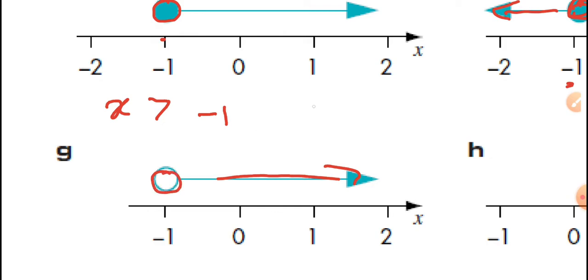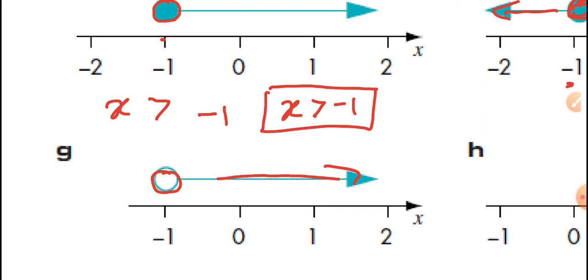To tidy that up, it will look nicer to write it like this: x is greater than negative 1. So this is the answer. If they asked you what's the smallest integer that fulfills the criteria, it's not going to be negative 1 because they said it has to be more than negative 1. So the smallest integer would be, in this case, 0. X would be 0 is the smallest integer x could be.